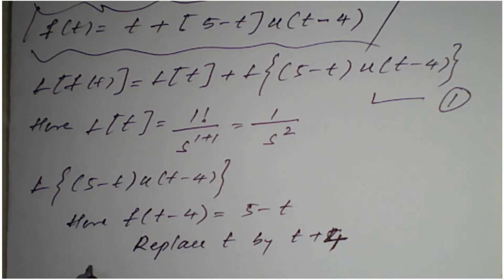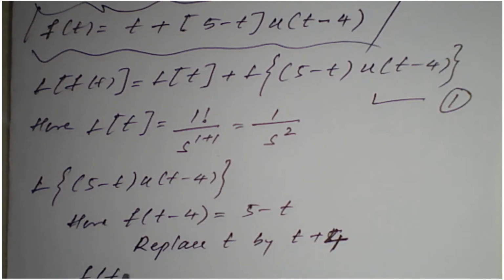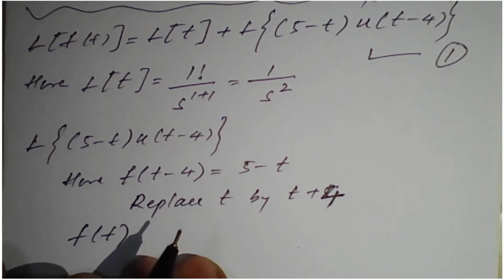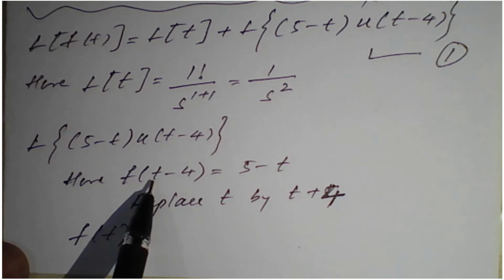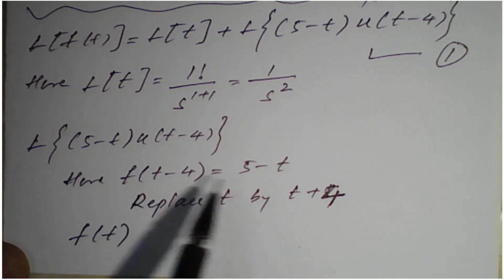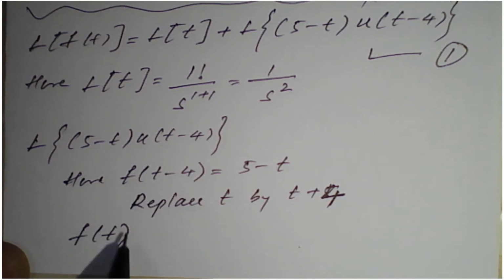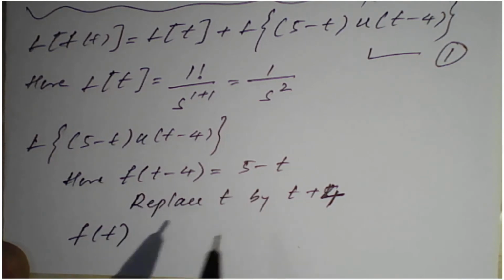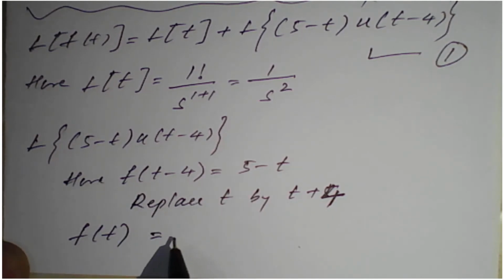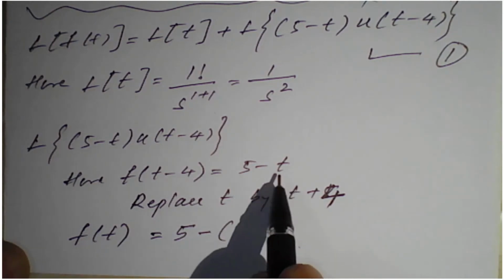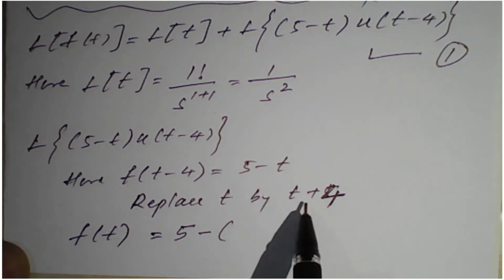So our given f of t will become: if you replace t by t plus 4, the plus 4 and minus 4 cancel, and we get f of t. Right hand side also we need to replace the value of t, that is pi minus, because of the minus put a bracket, so t is replaced by t plus 4.